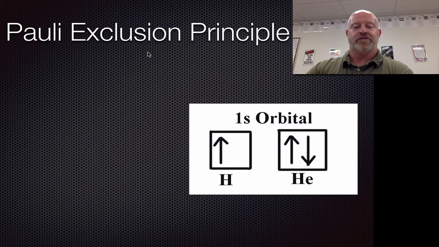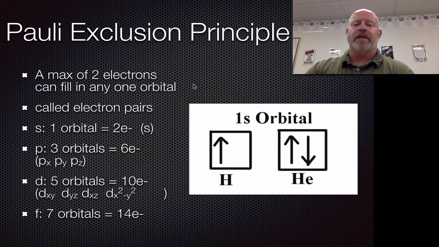Second one, the Pauli exclusion principle. The Pauli exclusion principle tells us that we can put a maximum of 2 electrons in any one orbital. We've been doing that already, but here's the rule behind it. We call these electron pairs, and you might think, wait a minute, how do 2 electrons pair up? They both are negatively charged. Wouldn't they want to get away from each other? Absolutely, they normally would. But there's something else inside an electron called magnetic spin.